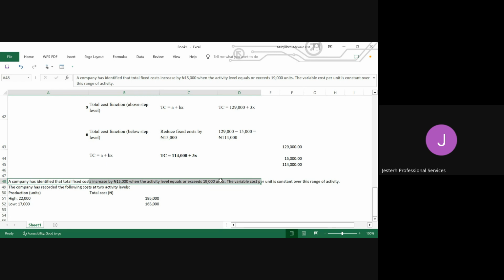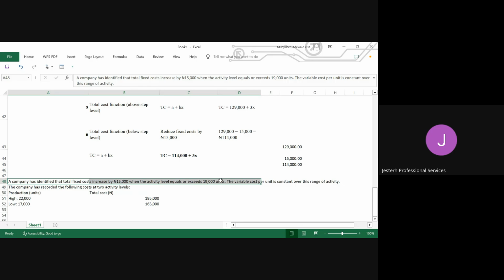Once we are able to know what the requirement is all about, you can now go back to the question itself, read it one after the other. As you are reading it, try to be jotting down what the question is all about. In the first one, they only asked us to calculate the fees cost and then to calculate the variable costs.